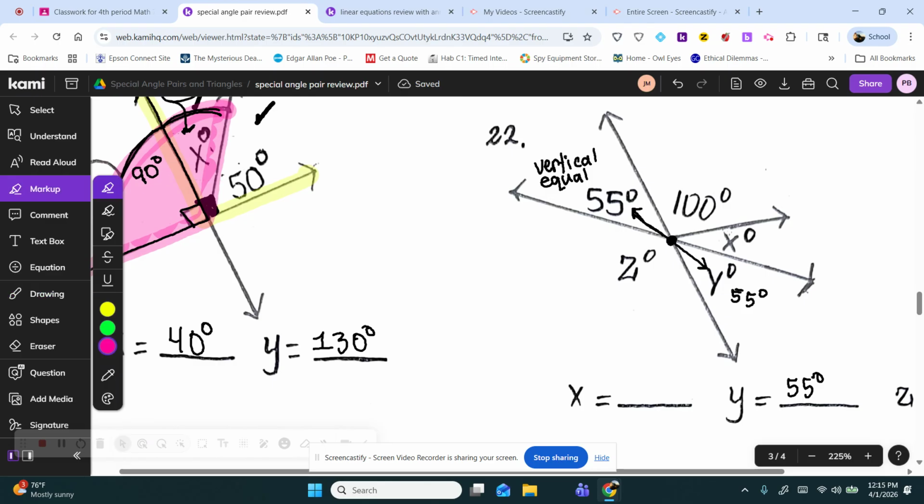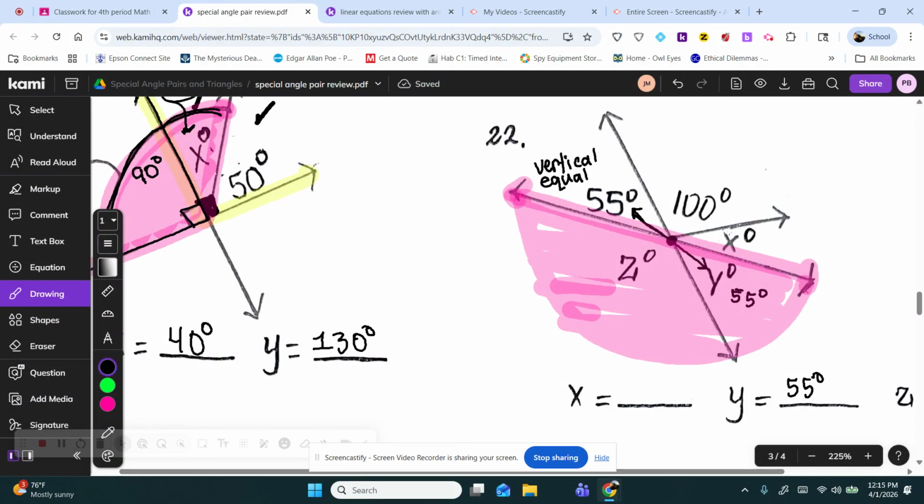I see a straight line here. And if I go underneath, it makes a semicircle. Okay, so Z, where you see Z and Y, both of these, this angle and that angle, add up to 180 degrees.